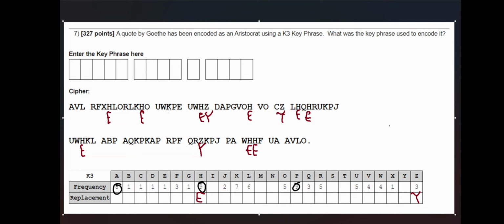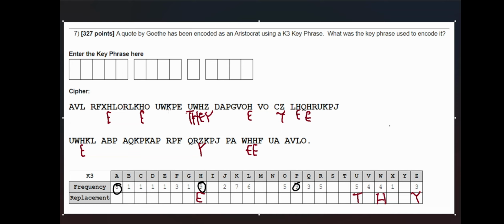So saying that Z is Y, we can now go back to our word groupings over here and see that maybe TH would work and get that word they. Now we can probably get like there somewhere, or no, we don't have any E, we don't have any I, so we're not sure what the rest can be. But we can try saying that U is going to be T and that W is going to be H. Now going back to what I was saying before, we have that good frequency, then we have that weird gap, W to H, right?